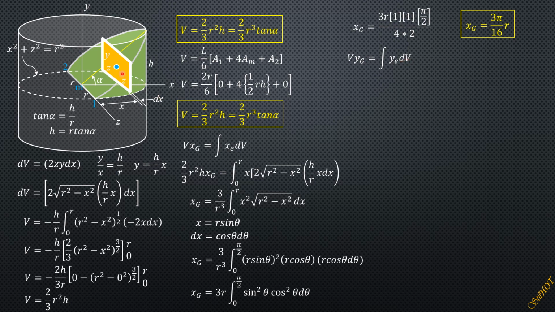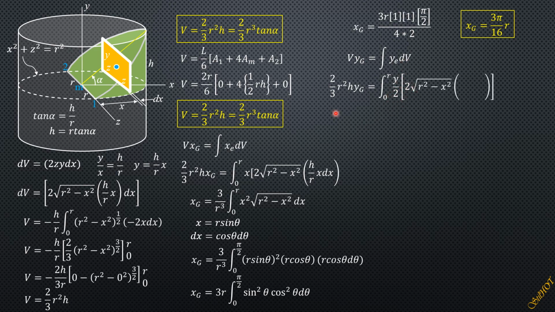So as I said in the figure, the y of the element, the centroid of the slab, is of course, because this is rectangular, half of the height. If the height is y, then it is y over 2. So volume 2/3 r squared h times yg equals the integral from 0 to r of y over 2.